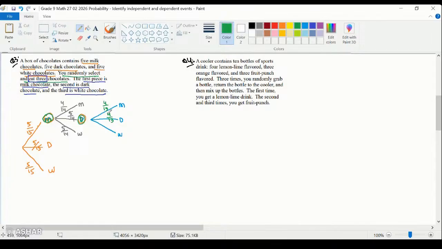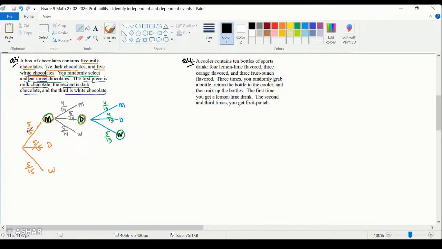They cannot be 5 upon 15. But this is 5 upon 13. And then you eat the white chocolate. So my question is, is this sequence, do they have any dependency? If 1 milk chocolate was eaten over here, is it changing the result of dark and white?